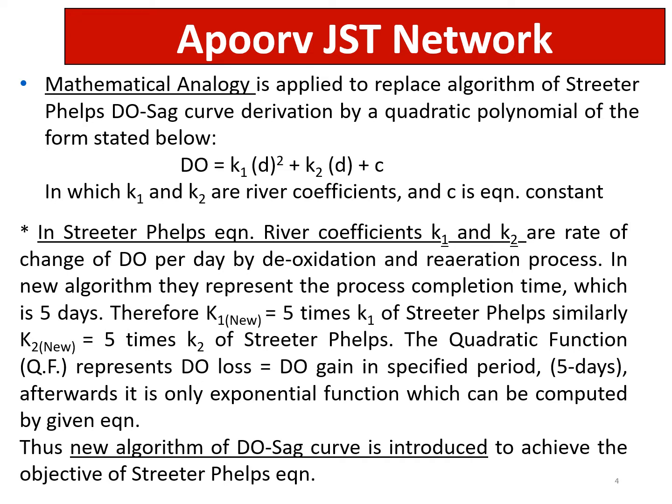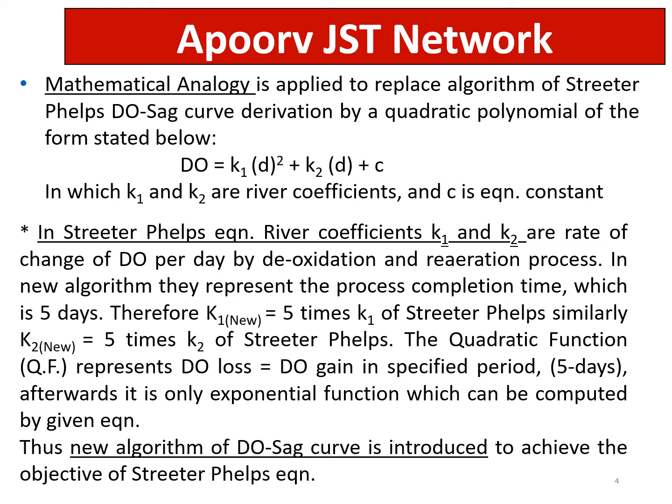In Streeter-Phelps equation, river coefficients K1 and K2 are rate of change of DO per day by deoxidation and reaeration process. In the new algorithm, they represent the process completion time, which is 5 days.